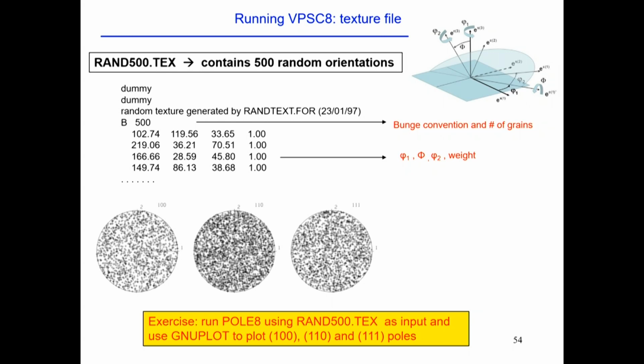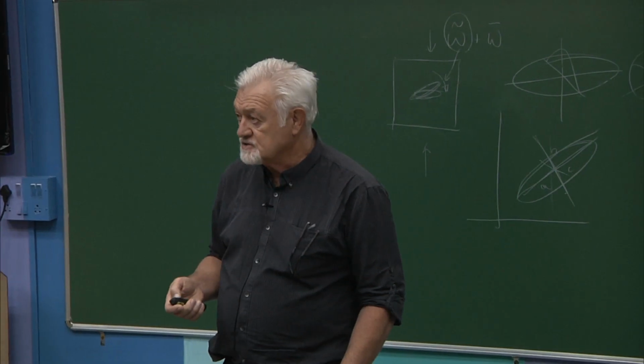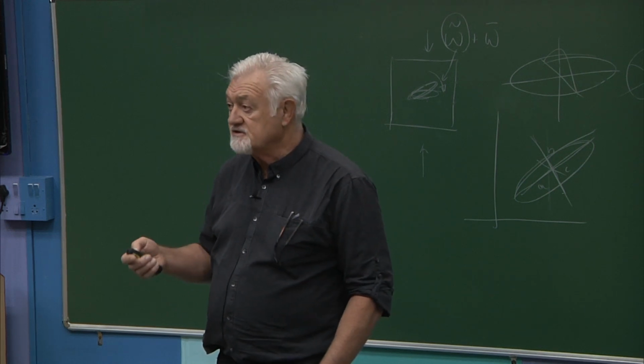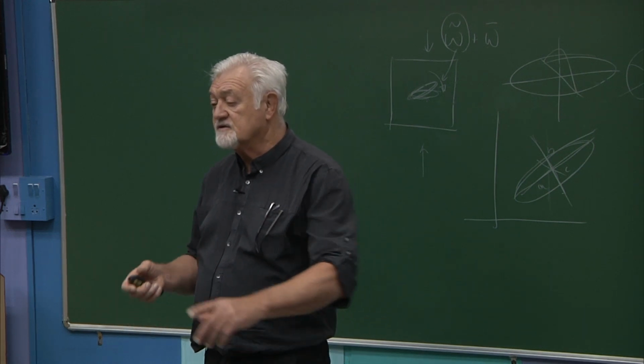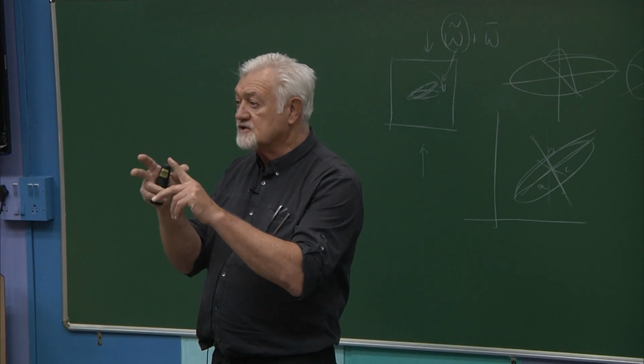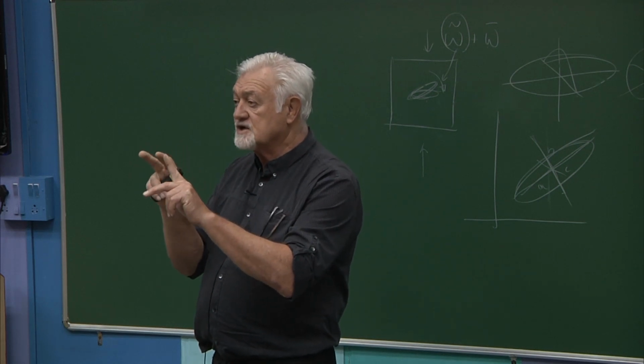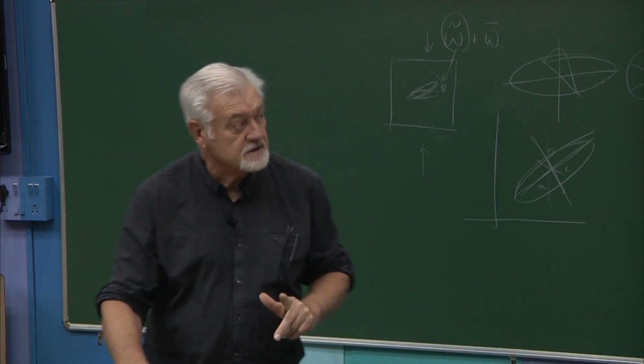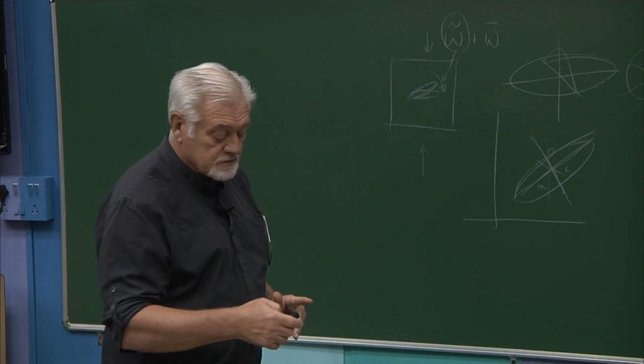The code allows for 3 different conventions to represent the Euler angles. It can read files written in 3 different conventions. And the conventions depend on how you define your rotations of your crystal in order to put it in the final position.